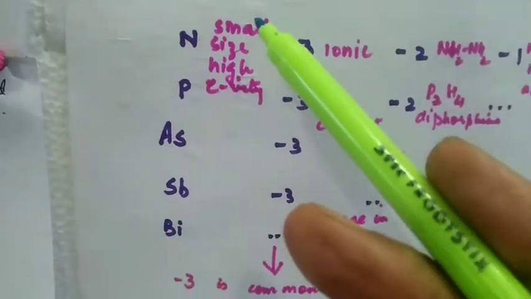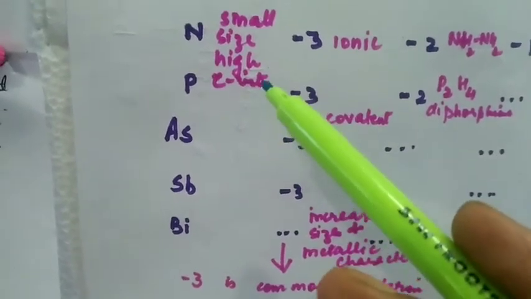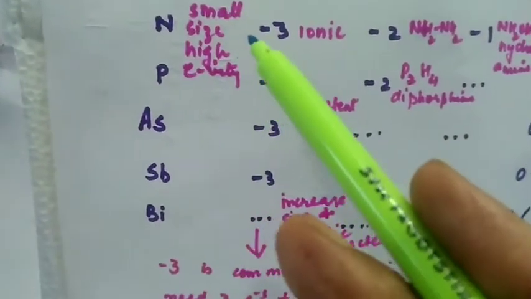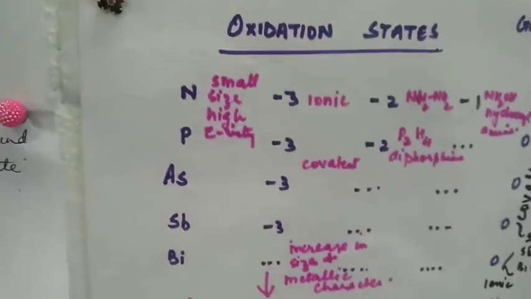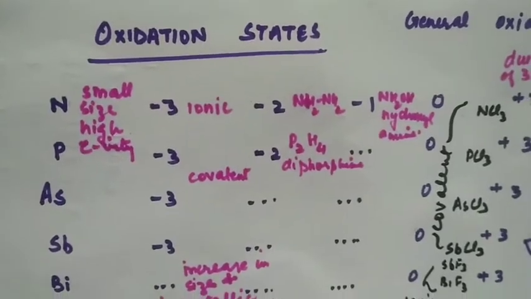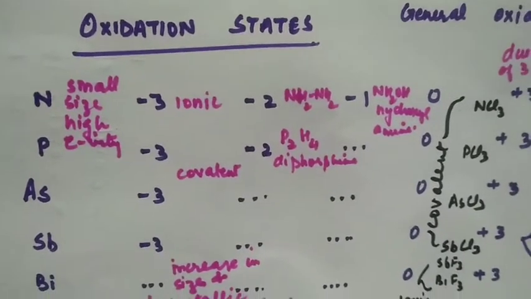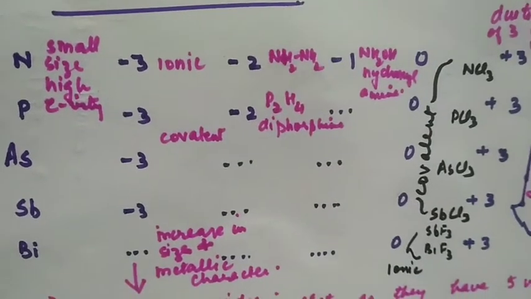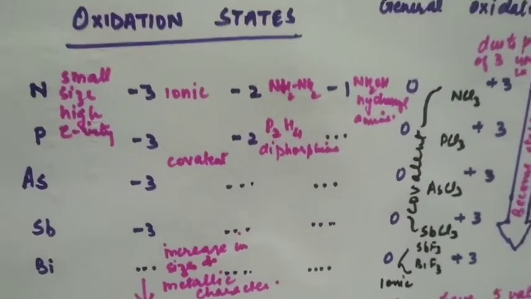Nitrogen and phosphorus have small size and high electronegativity, so they form ionic compounds, whereas arsenic and antimony form covalent compounds.